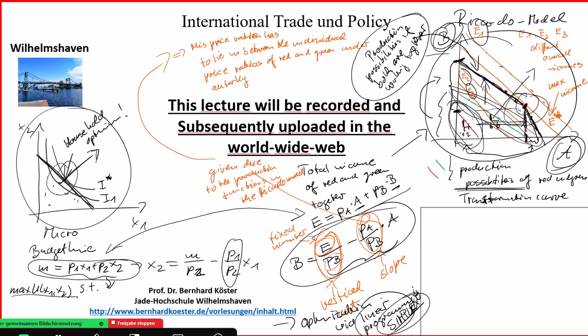But then you can interchange, and due to the different exchange ratios in these two countries represented by the slope of the transformation curve, you have the situation when they both go to the market with their baskets.